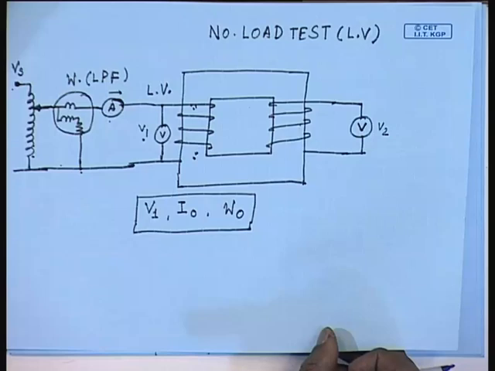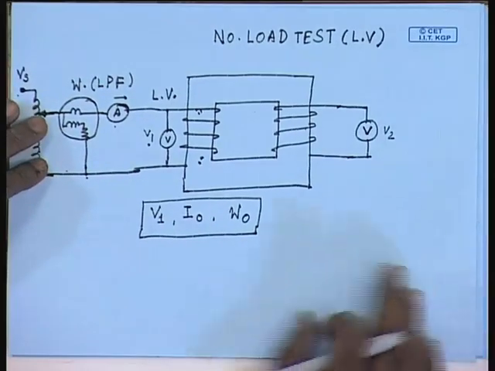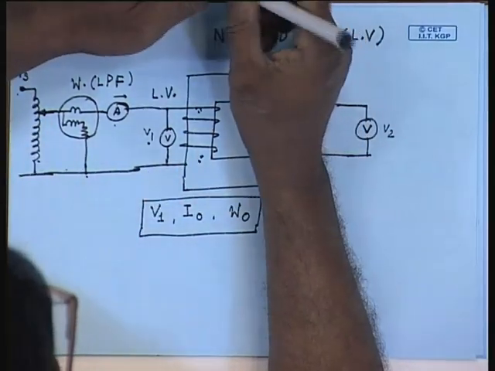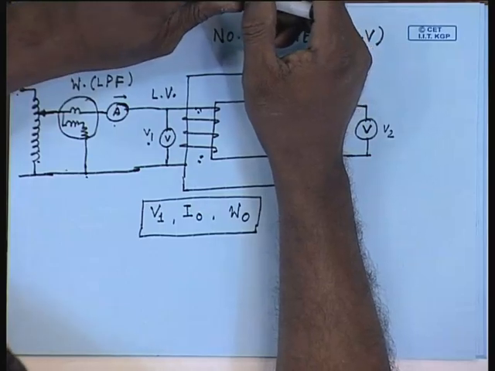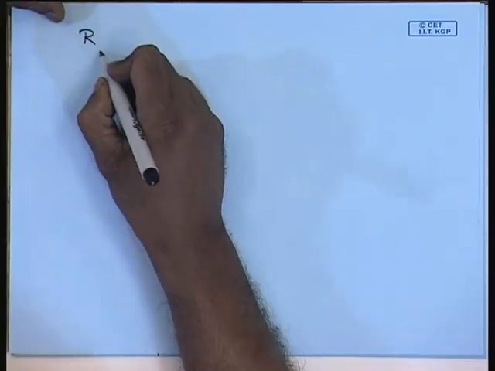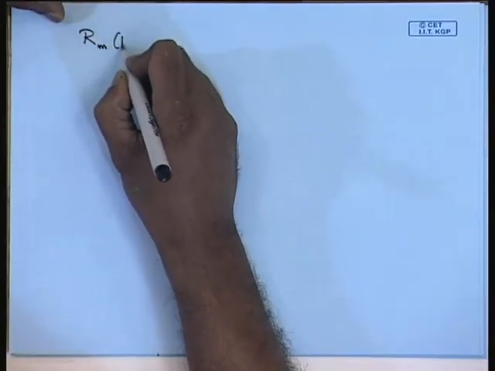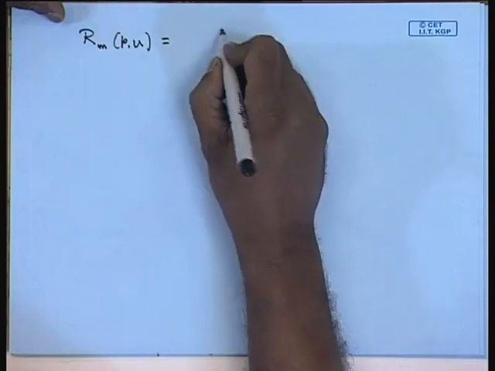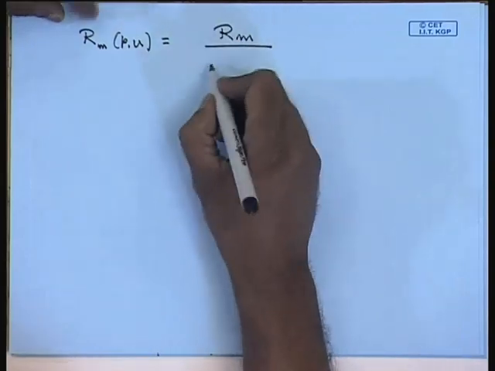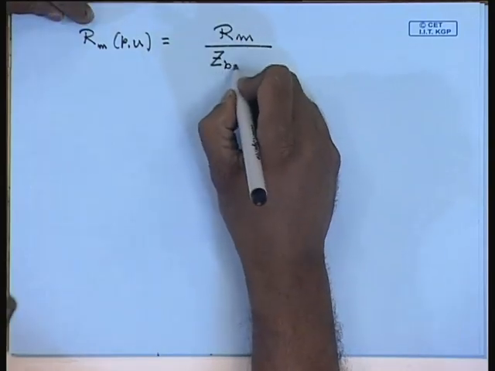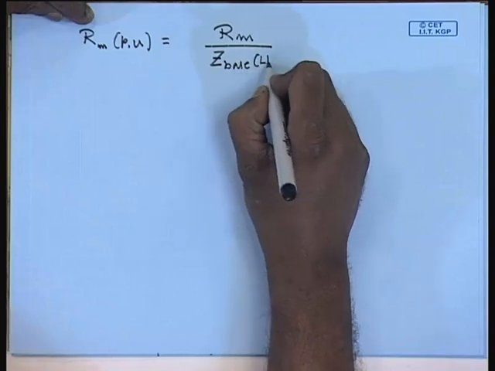Now, since the test is performed on the LV side, Rm and Xm values that are obtained will be referred to LV side. Now, if we want to convert them into per unit, then Rm per unit will be Rm divided by Z base of the LV side.